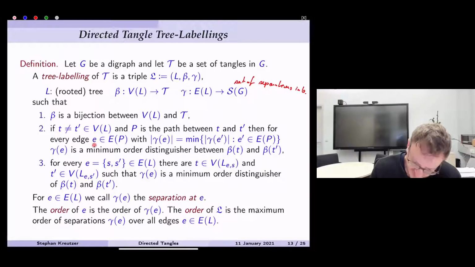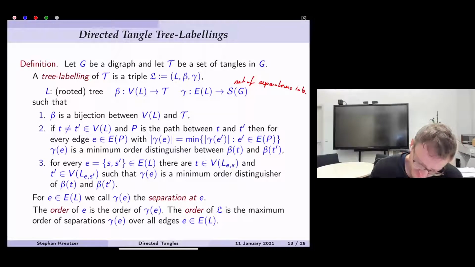So for every edge E on this path, with gamma of E being the separation, mapping edges to separations, if the separation gamma of E has minimum order among all separations along this path, then the separation must be a minimum order distinguisher between the tangles T and T prime.